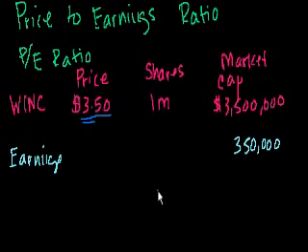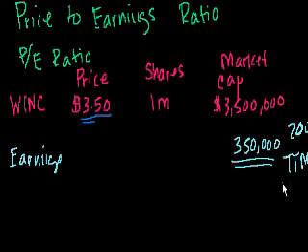So let's say we're looking at this on January 1 of 2009, and let's say the company has already released its earnings, although that normally takes a lot longer, probably closer to 45 to 90 days. So we say, oh, this company made $350,000 in 2008. Another thing that you might see a lot when you look at companies is that this is trailing 12 months earnings. You'll see this TTM sometimes.